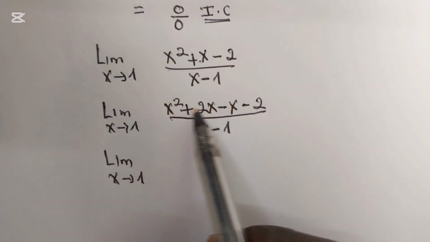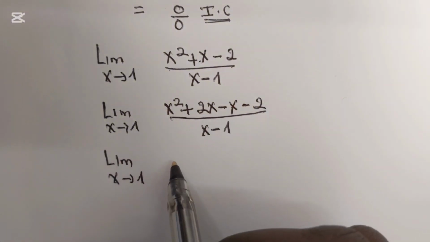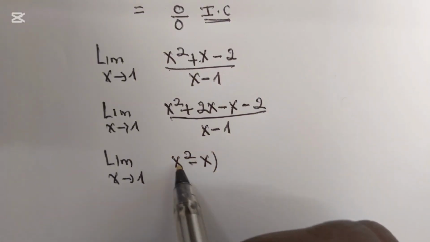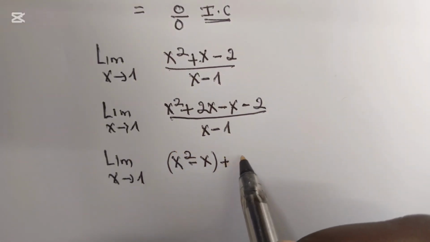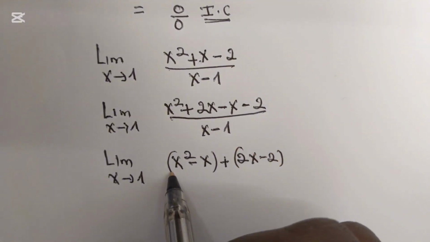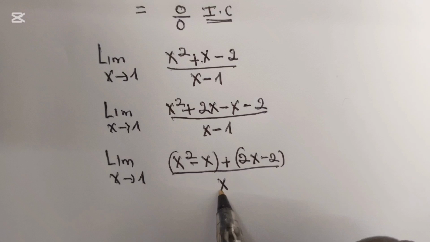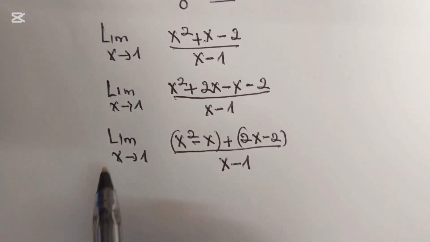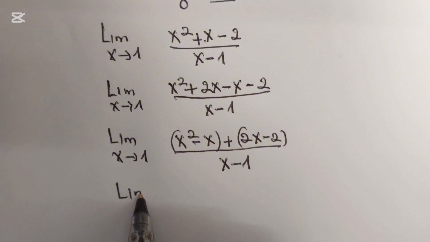We are going to put this together: x squared minus x in brackets, then plus 2x minus 2 in brackets, over x minus 1. This equals the limit as x approaches 1.